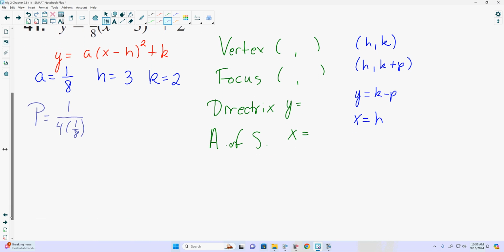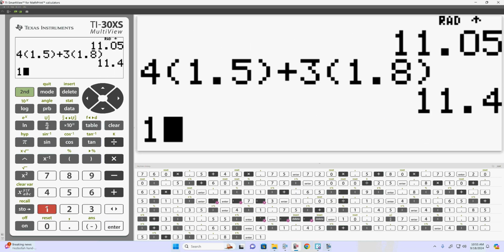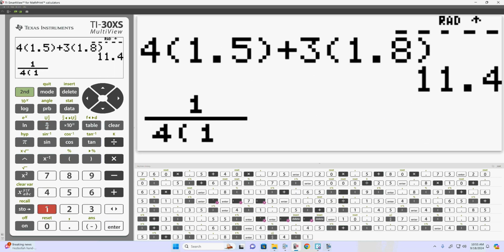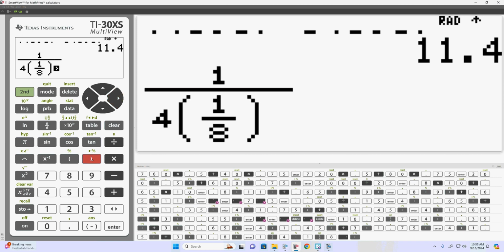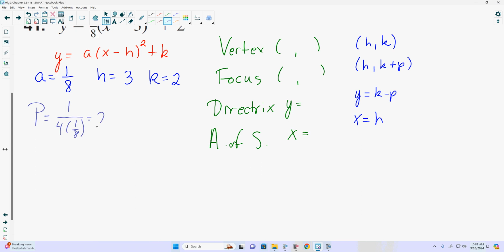We just take that value, do 1/4 times A. So 1/4 times 1/8, that's 2. So P is 2, H is 3, K is 2.